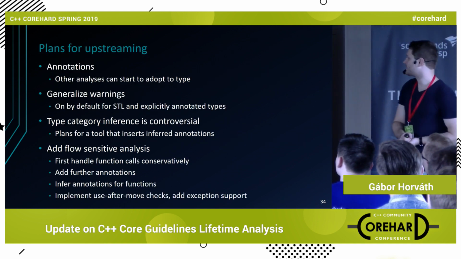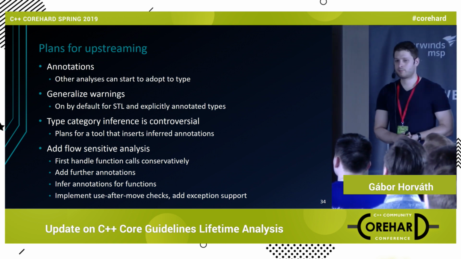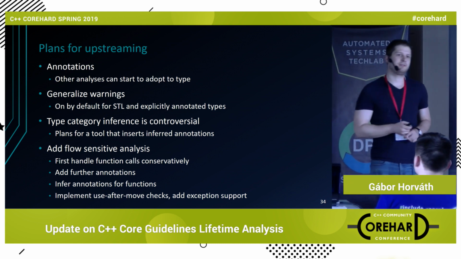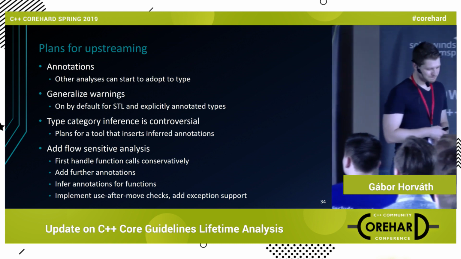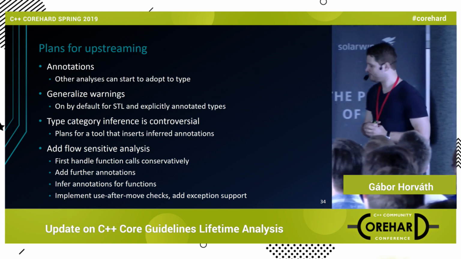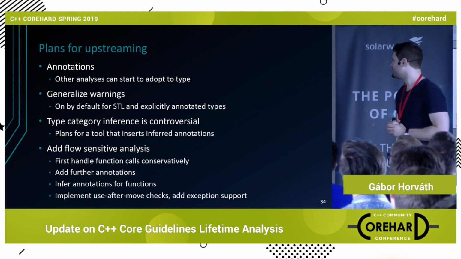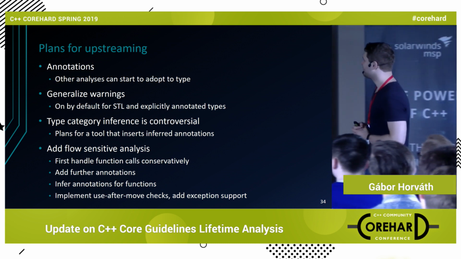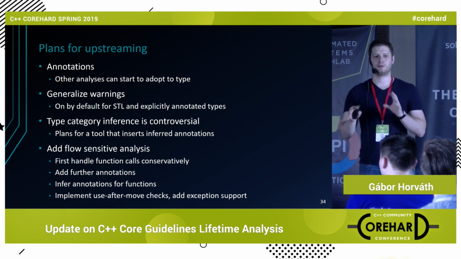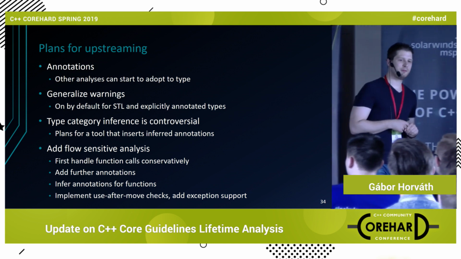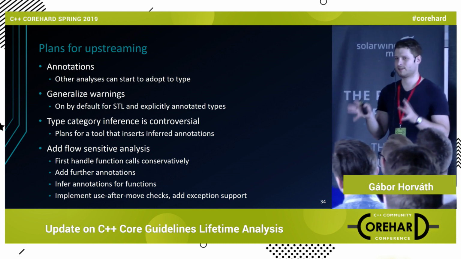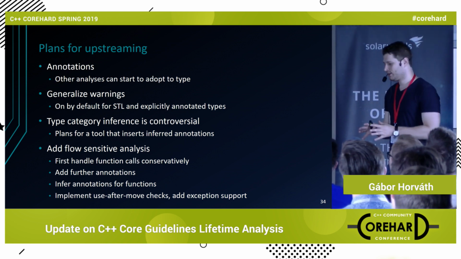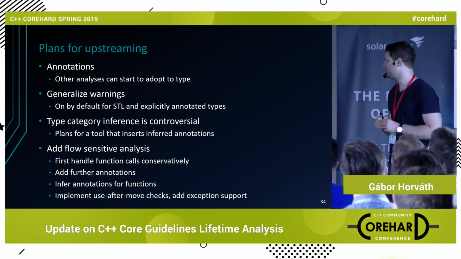Okay, so we plan to upstream everything I showed you, but there is one controversial point, and that is the type category inference. So basically, Bjarne, Herb Sutter, and a lot of people in the standards committee and the static analysis committee want the type categories to be inferred, so we do not need to touch our code bases, while the Clang community says they want the system to be easier to understand, so they want us to annotate our code with the ownership roles.